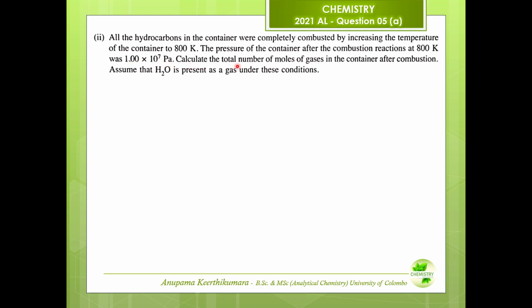Calculate the total number of moles of gases in the container after combustion. Assume that H2O is present as a gas under these conditions. We know that when the temperature is 800 Kelvin, water exists as water vapor.